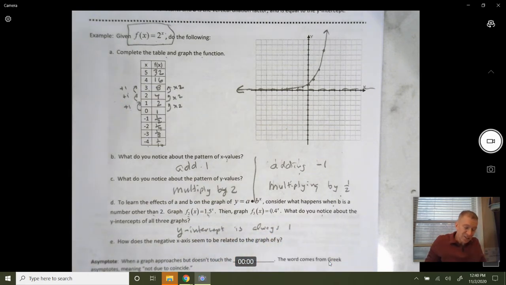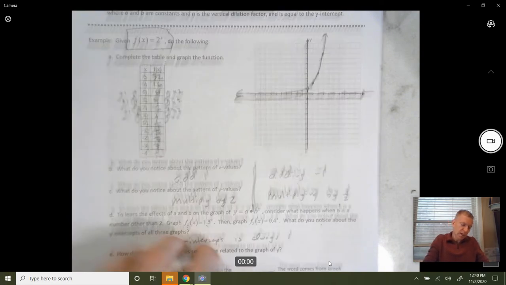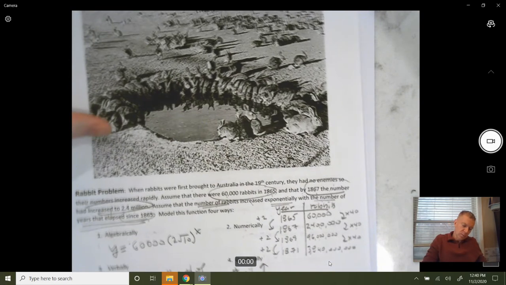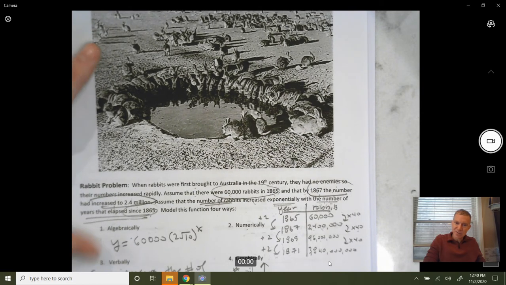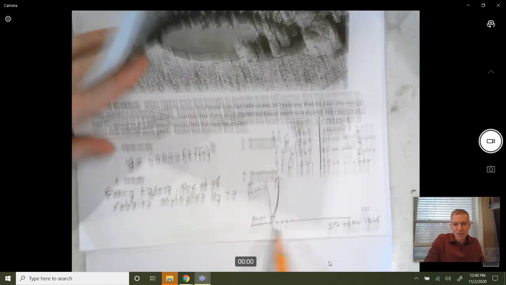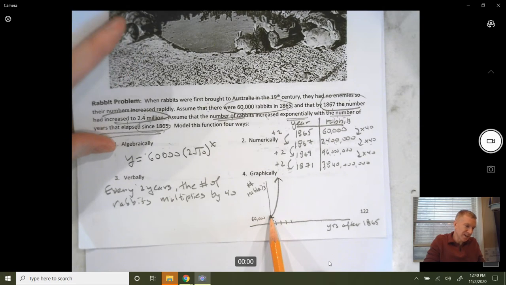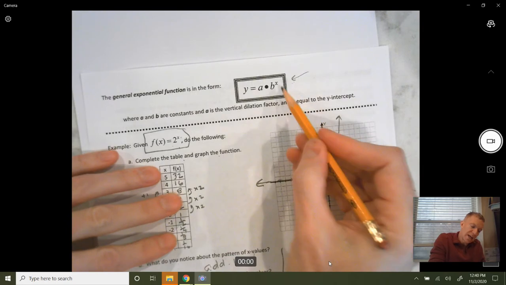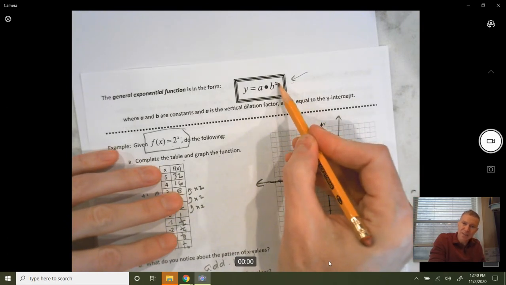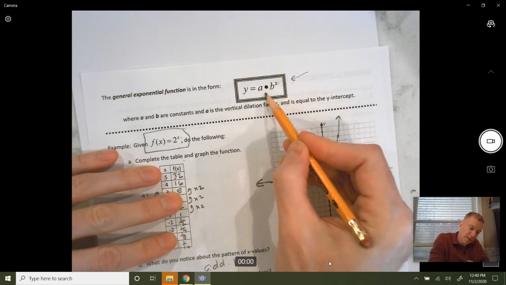Okay. In fact, your y-intercept is not always 1, because on this graph that we did on the other side, the y-intercept wasn't 1. It was 60,000. The y-intercept is actually always your a value. Okay, if you think about that, that makes sense because your y-intercept happens when x is 0, and when x is 0, you've got b to the 0, this part goes away.